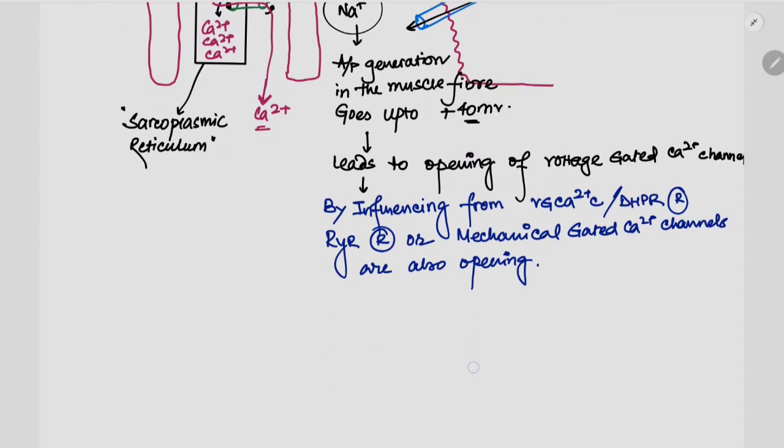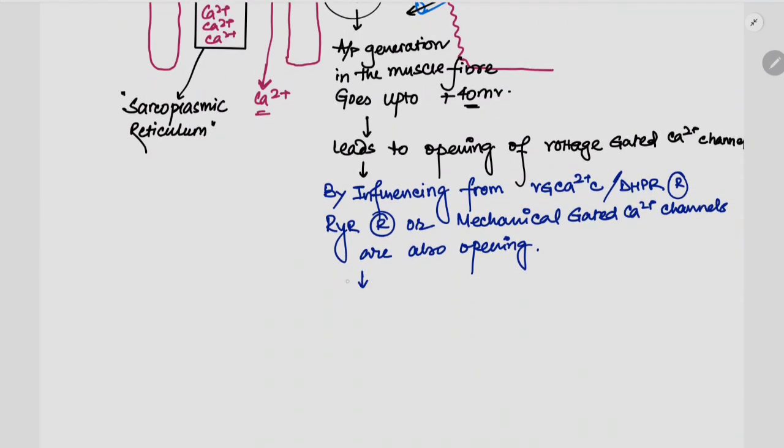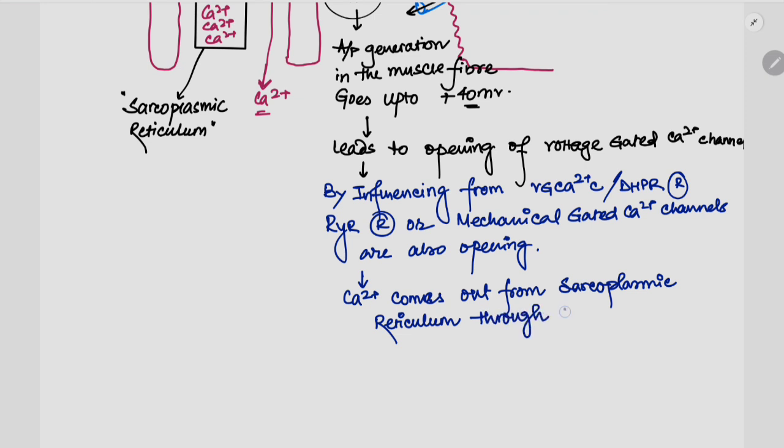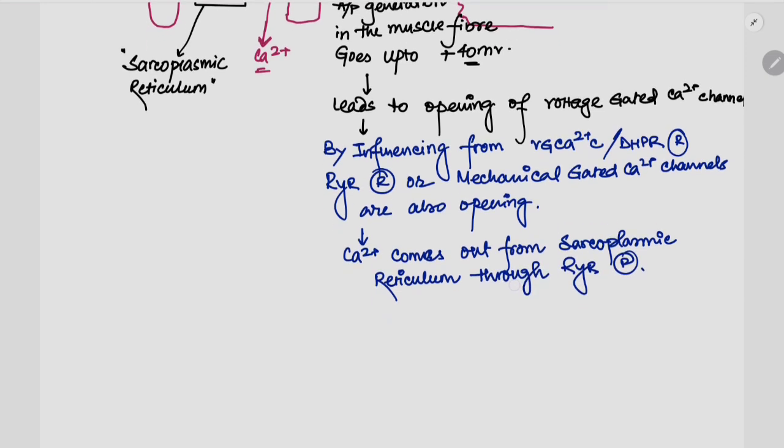Right, now calcium comes out from the sarcoplasmic reticulum through the ryanodine receptor.